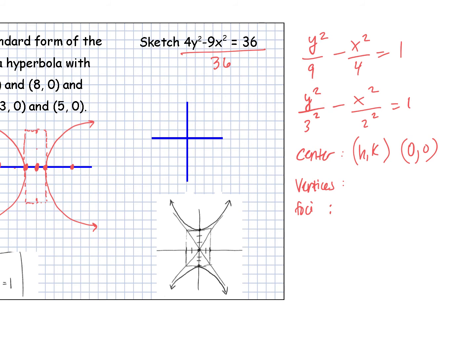We are going to be adding our a to the k value since we're vertical. So it's h comma k plus or minus a. And our foci will be h comma k plus or minus c, which we don't have yet. So our vertices end up being (0, 3) and (0, negative 3).